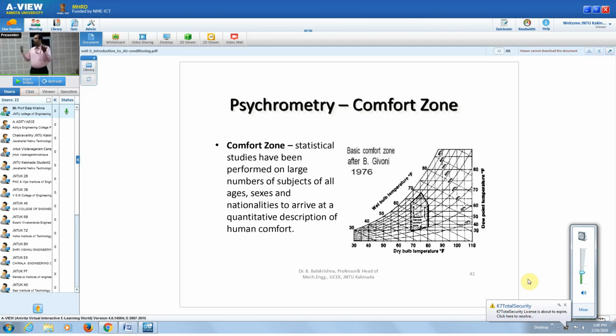Right? Comfort means human comfort. Generally, we talk about human comfort. Now, are we sitting in a comfortable position or not? We are not comfortable now, because there are some parameters. Comfort conditions, as we have already seen, are temperature, humidity, airflow, and then purity.